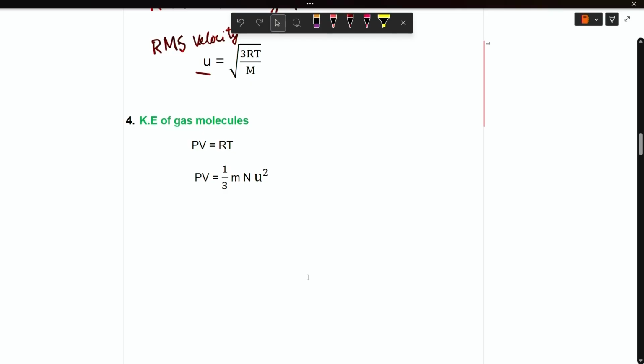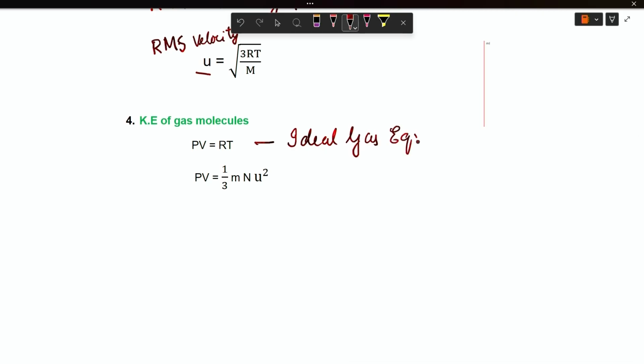Hope it is clear. Next, we have to determine the kinetic energy of gas molecules. Again, we are going to take the expression, this is the ideal gas equation, and this is the kinetic gas equation.